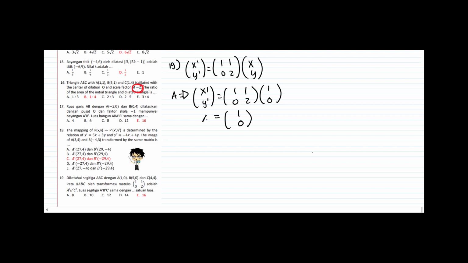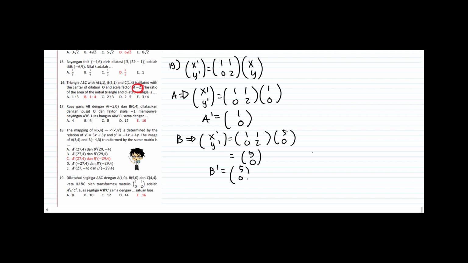Okay, so we have A accent. And then for B accent, x accent, y accent equals (1, 1; 0, 2) times (5, 0). B accent equals (5, 0).